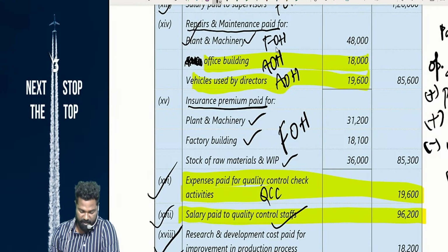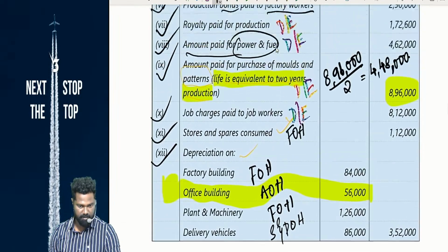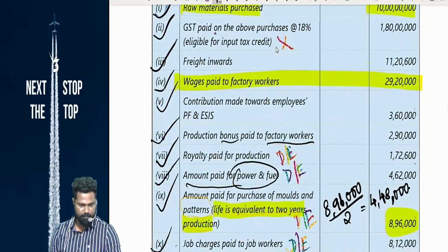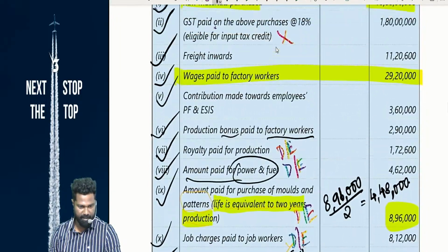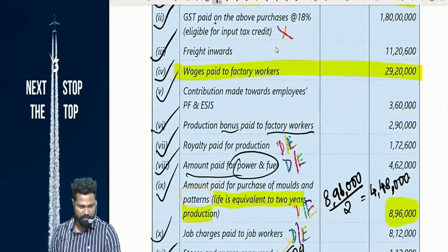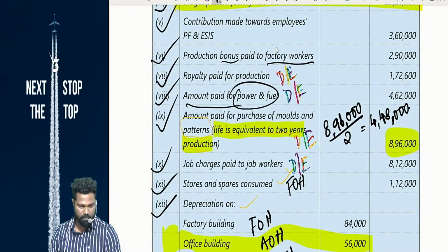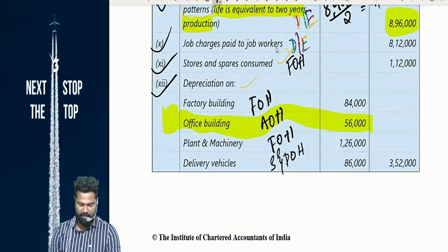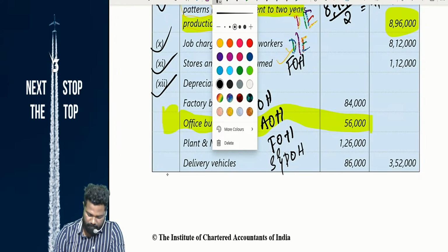Next, we will do selling and distribution quickly. Please come down and check how much the selling and distribution overheads are. What all will come under selling and distribution? Just check it out and tell me. Okay, depreciation on delivery vehicle.